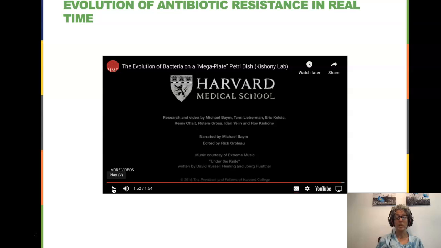Pretty impressive. So 11 days to go from completely sensitive to an antibiotic to resistant to 1,000-fold.